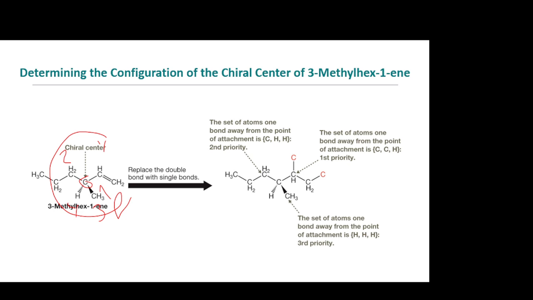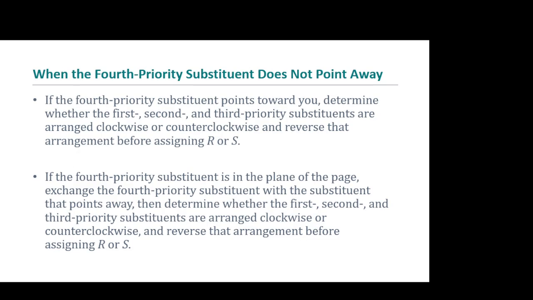So the easy way to deal with those is actually just to assign them while they're facing the opposite direction. It'd be much harder to try to rotate the whole molecule in a two-dimensional page. Just assign it, and then recognize that I'm the opposite direction, aren't I? So if it comes out R when you assign it, it's actually S, isn't it? If it comes out S when you assign it, it would actually be R. Yeah, because I'd be backwards.